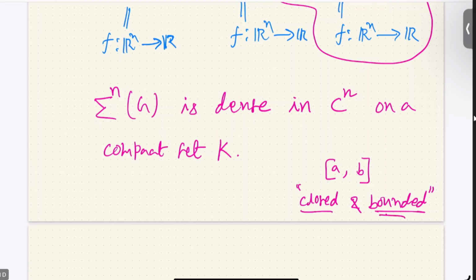This is crucial. If it is not bounded, then there are a lot of issues. If it is not closed, then there are issues. We'll see them one by one. For the time being, we are not putting that much importance on it, but there is something hidden in it. Let us focus on the other piece, that is the denseness.